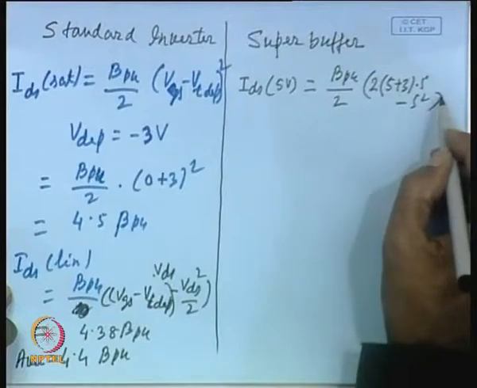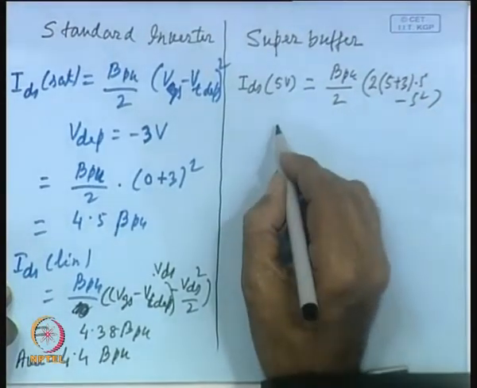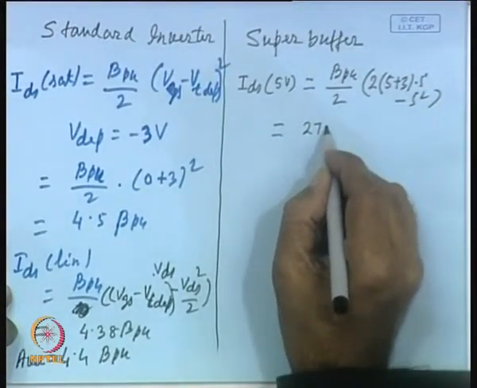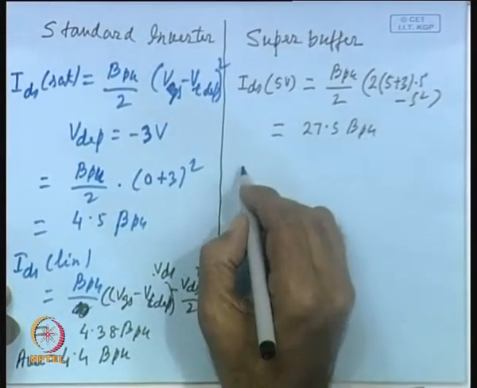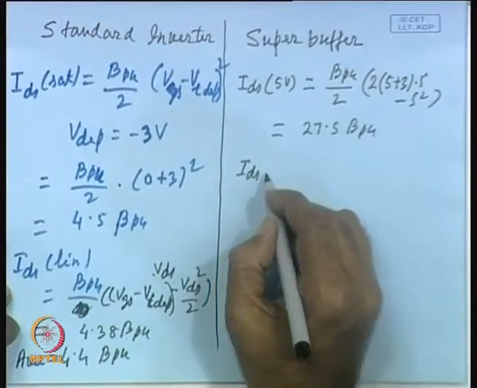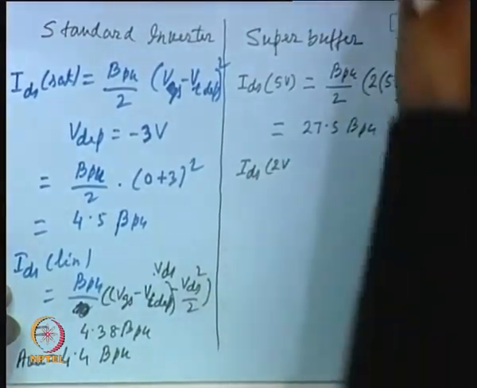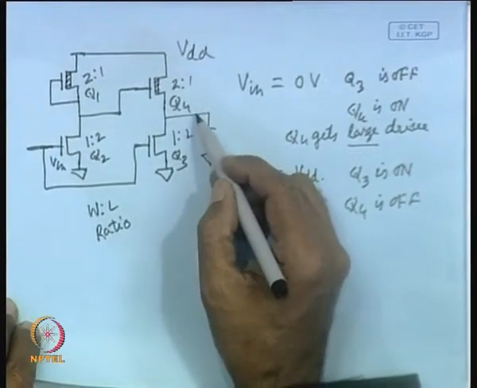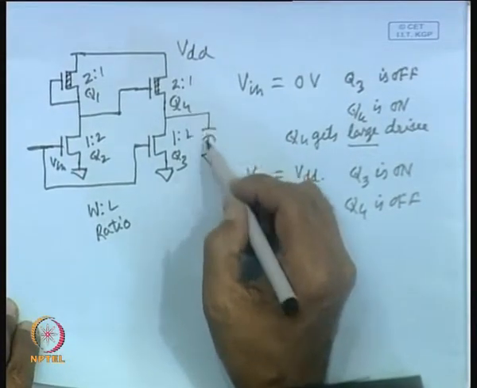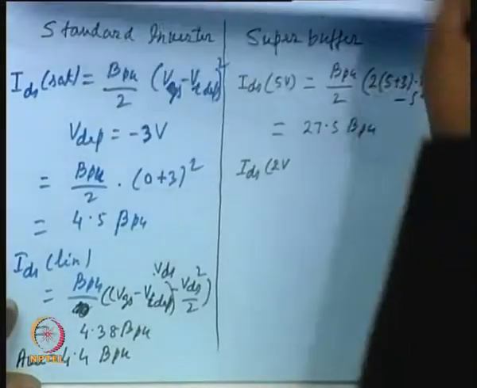It is in the linear region, that is why this is the expression, and we get 27.5 beta pu. And then we are assuming that this output is changing. Initially it was 5, then it will come down to 2, then we shall take the average.